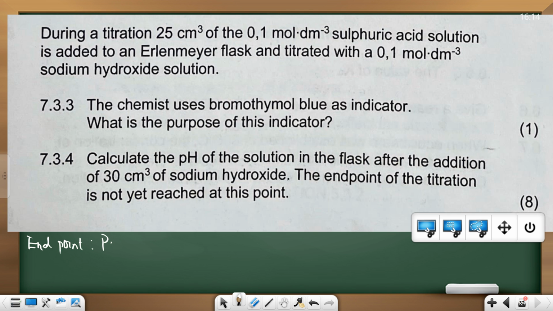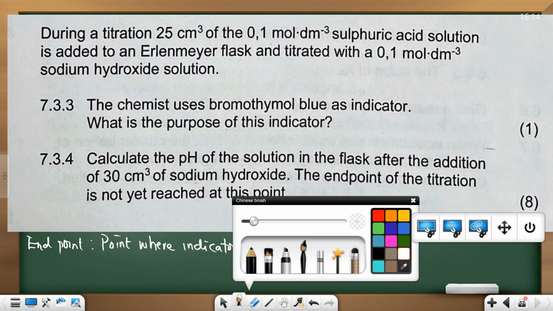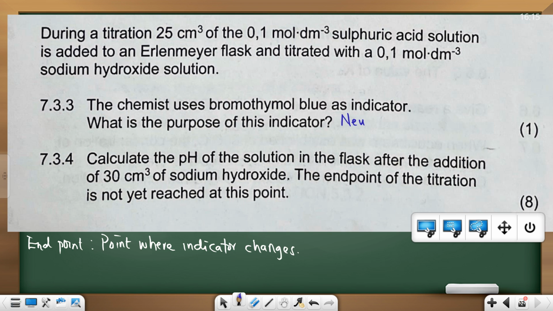It's the point where the indicator changes. And that shows neutralization. So what is the purpose of the indicator? To tell us when neutralization is complete.